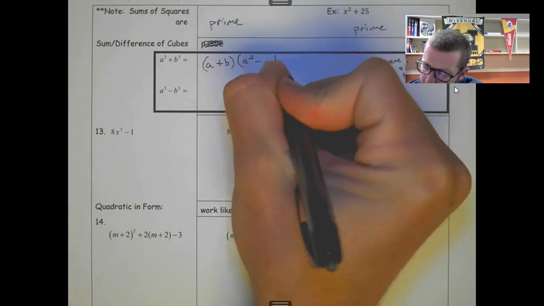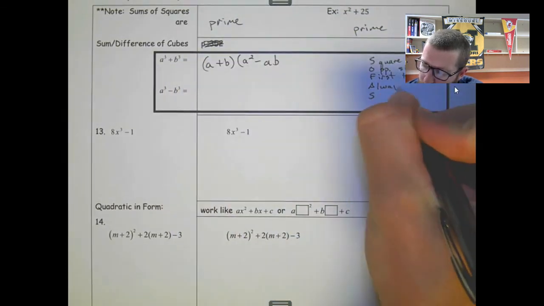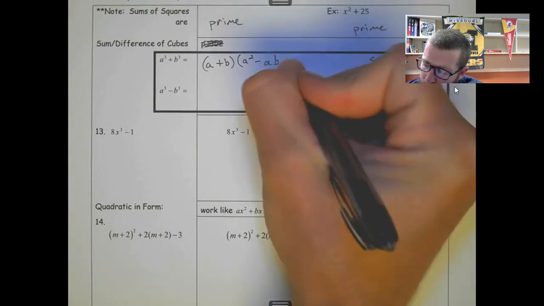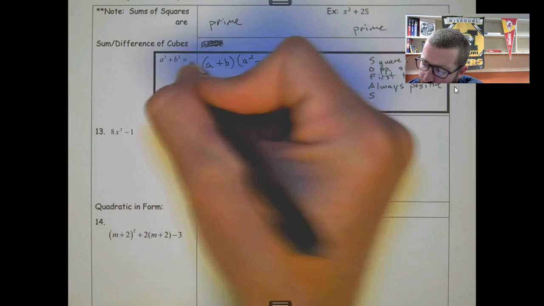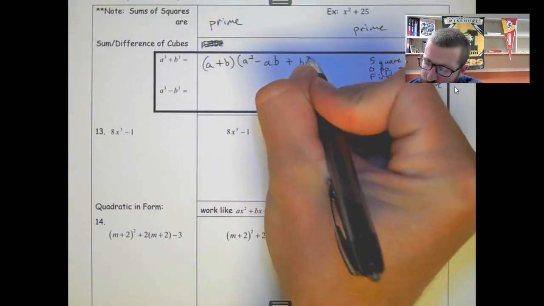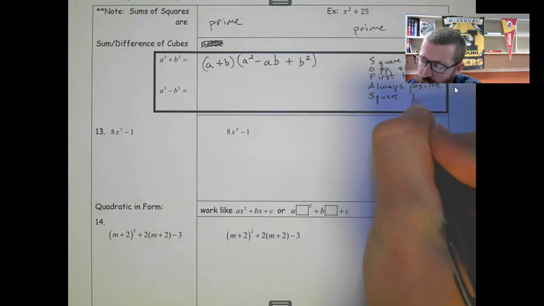So that's a times b, this times this. And then A is always positive. So this is plus. And then square the second, which is b squared. So this is hard to memorize.